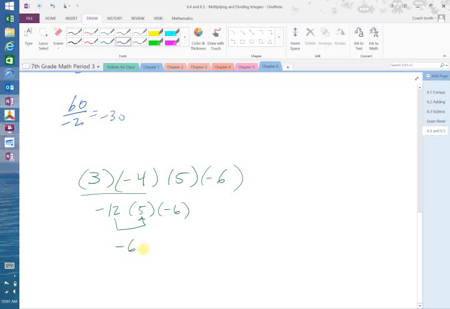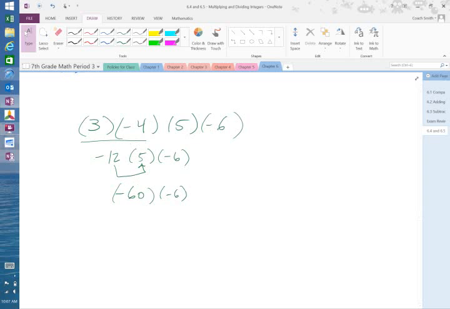Negative 60. Okay, now I have negative 60 times negative 6. Okay, now here's where it's different. Positive 360. Because when you multiply two negatives, you get a positive answer.